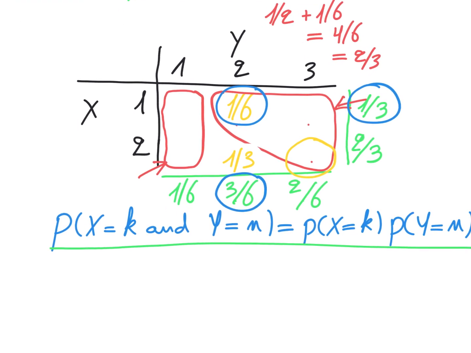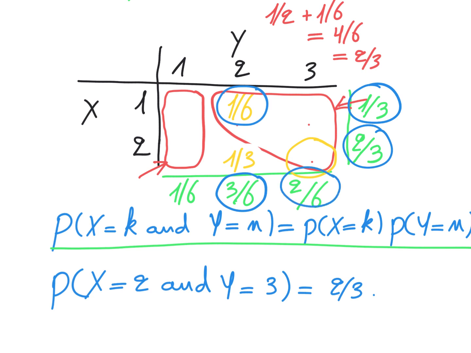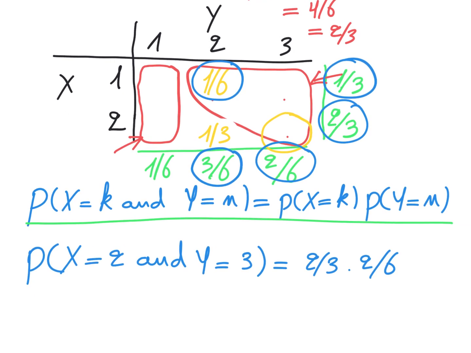So that means that the probability that x is equal to 2 and y is equal to 3 is equal to the probability that x is equal to 2, well, that's 2 over 3, times the probability that y is equal to 3, and that's 2 over 6. So the result that we get is 4 over 18, or 2 over 9.